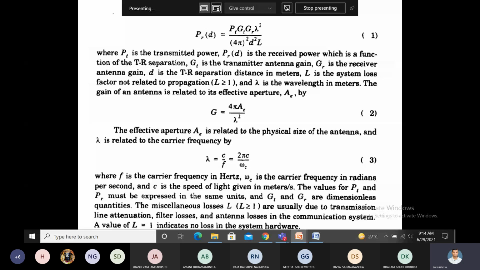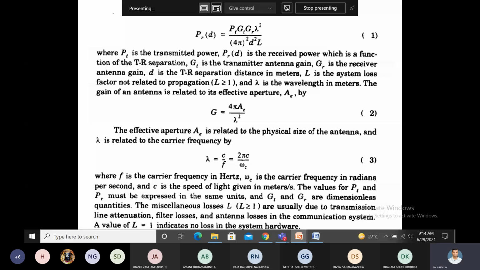D is the separation distance between transmitter and receiver. Capital L is the system loss factor, not related to propagation.